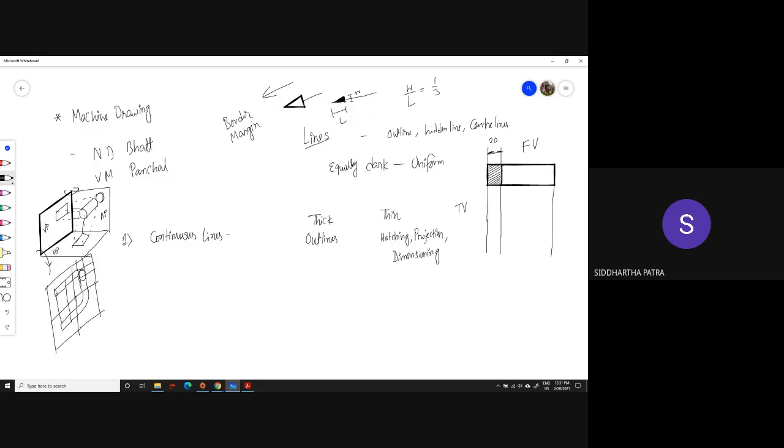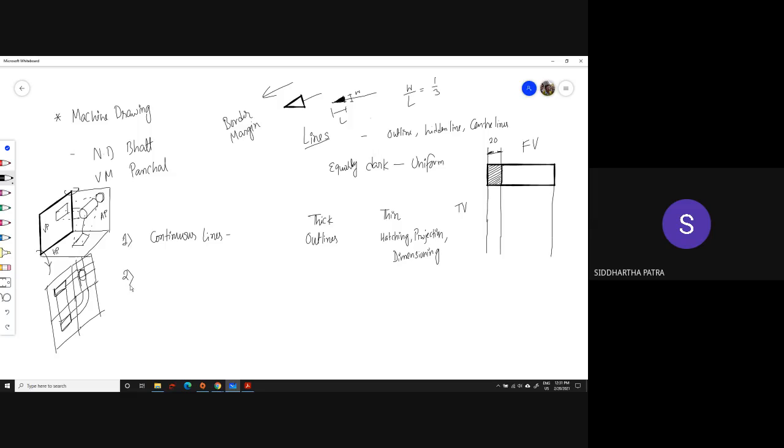Typically, if we have two views, we can draw the third view from that itself. But many times, all three views are necessary to understand the geometry of the object in 3 dimensions. So these are the purposes of the thick and the thin continuous lines.